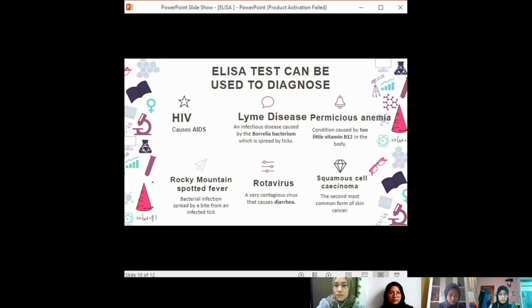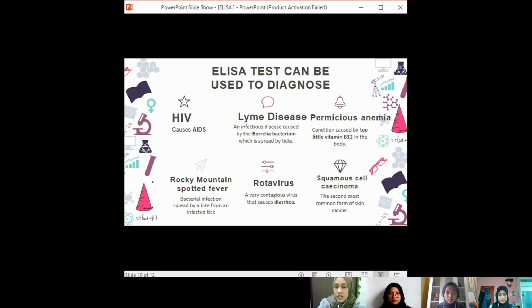Next, pernicious anemia. This is a condition caused by too little vitamin B12 in the body. We also have Rocky Mountain spotted fever. This is a disease caused by a bacterial infection spread by a bite from an infected tick. Rotavirus is also a very contagious virus that causes diarrhea.